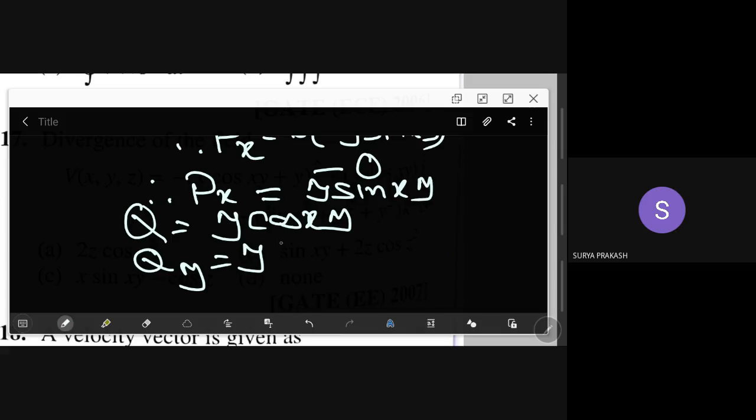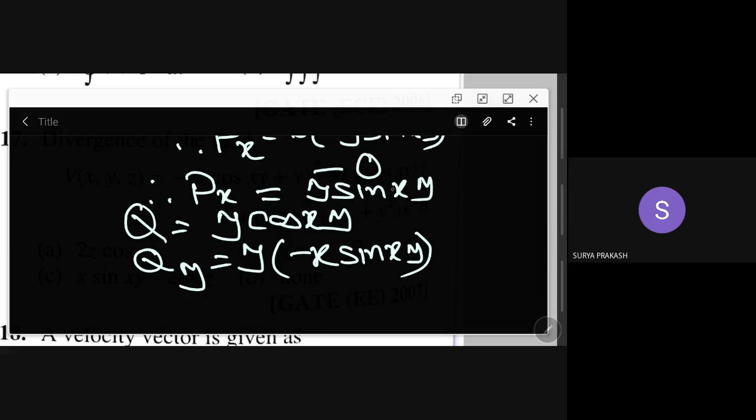Y into the derivative of cos xy with respect to y. The coefficient of y is x, so minus x is there, and cos derivative is minus sine, so minus x sine xy.